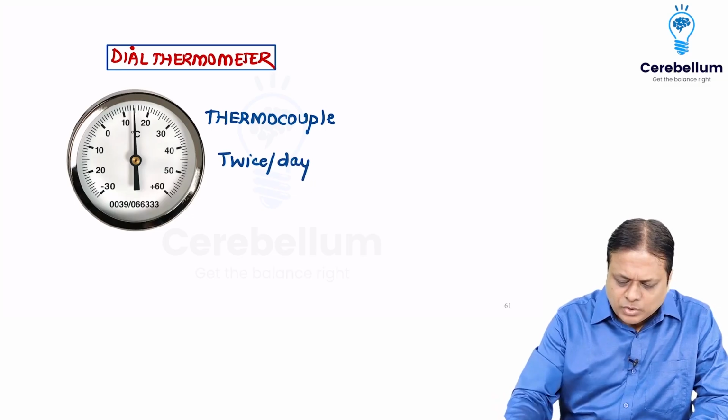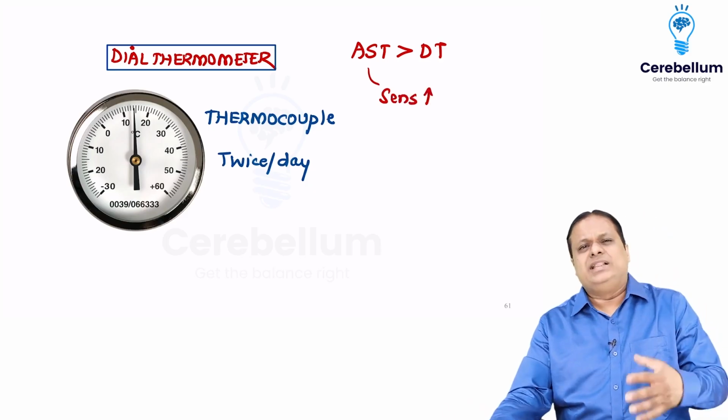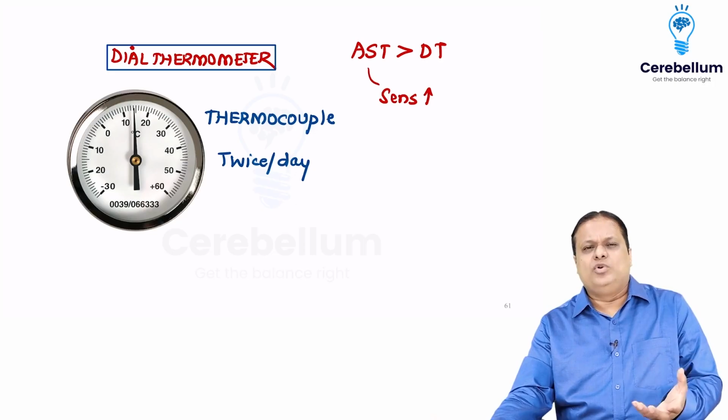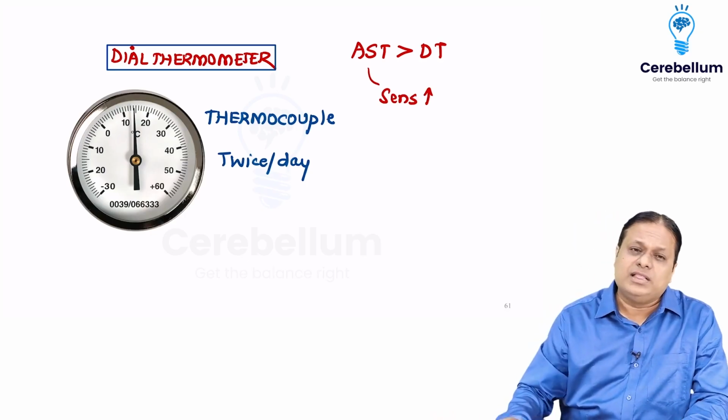Although it is recommended, alcohol stem thermometer is better than dial thermometer because it is more sensitive. But dial thermometer is a field instrument. It could be easily used if there is a color coded zone also +2 to +8 for a health worker also.